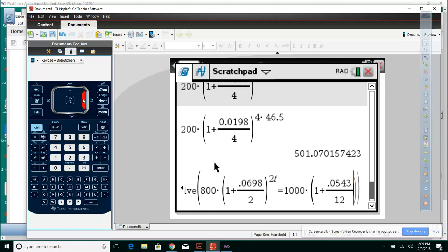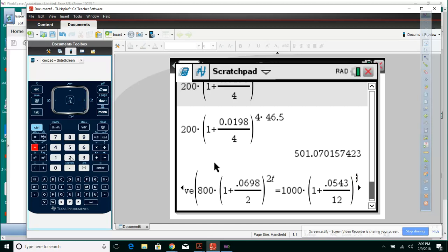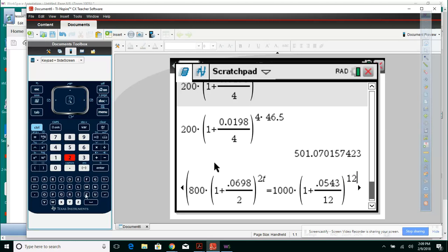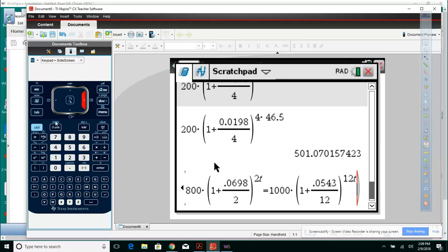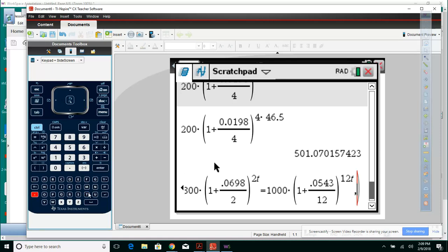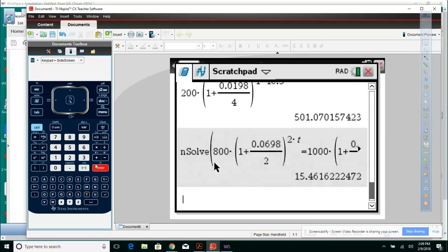And then you need to get caret 12t, get the long line again, comma, t, enter.